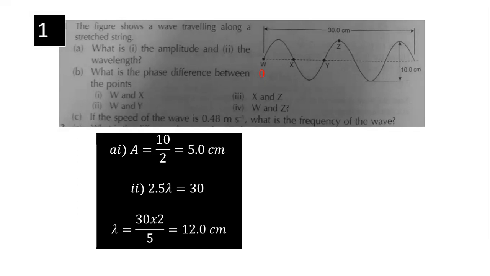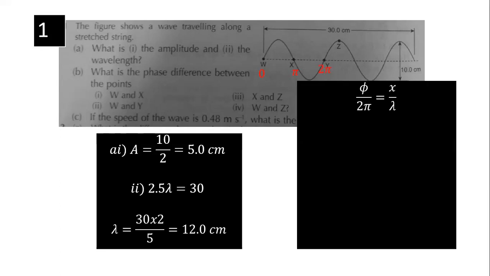Which one? B1. You haven't given me the answer. B1 is 180, or pi radian. How about number 2? W and Y. 360. You can either use a formula to calculate, but it's easier if you can read faster.